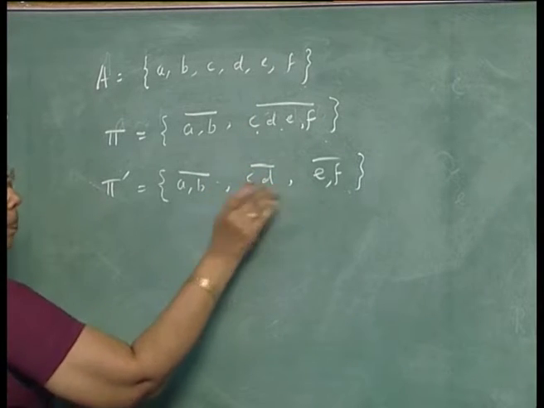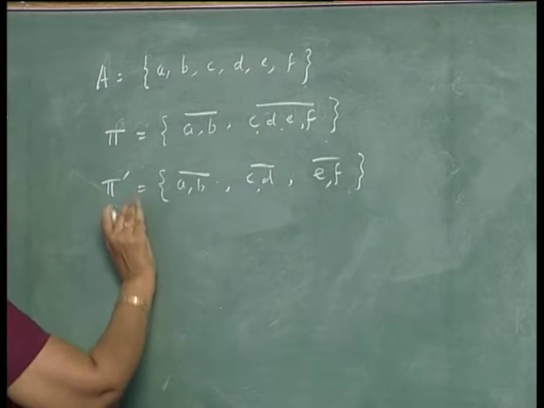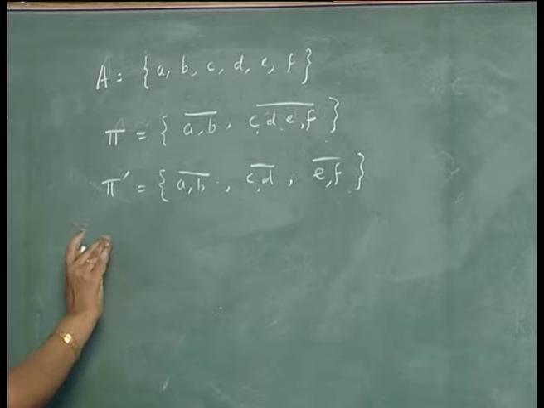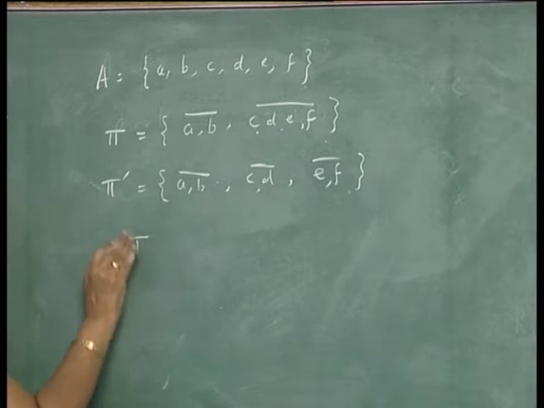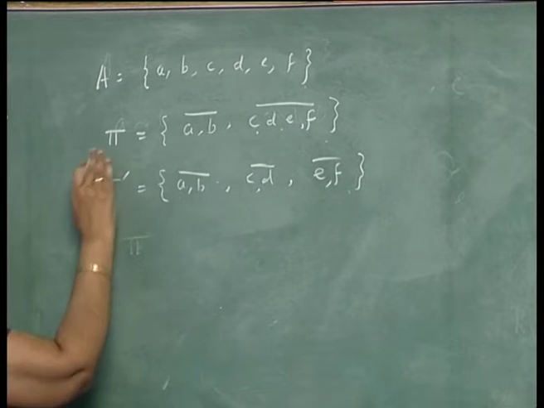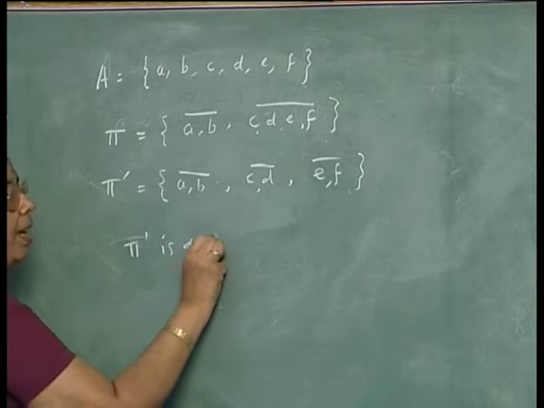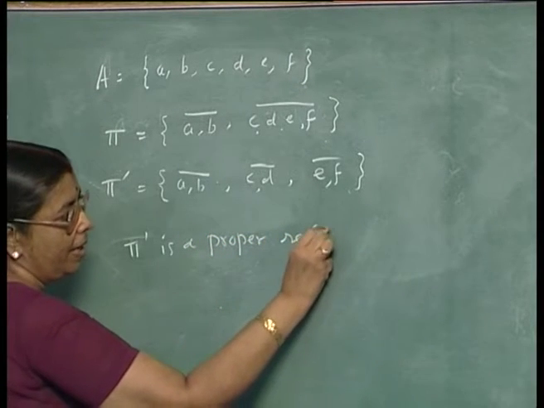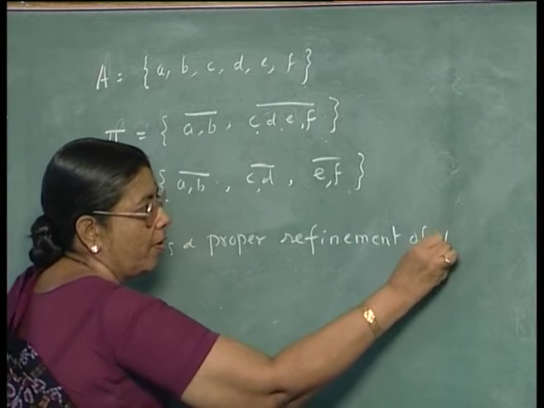So, this is called the refinement of pi, and pi is said to be refined by pi dash. Of course, pi is its own refinement. If they are not equal, one is called the proper refinement of the other. Pi dash is a proper refinement of pi.